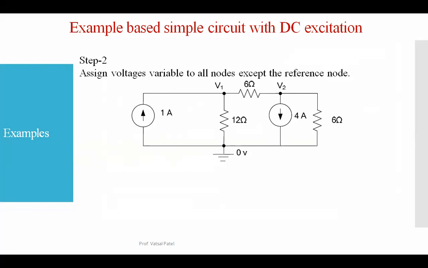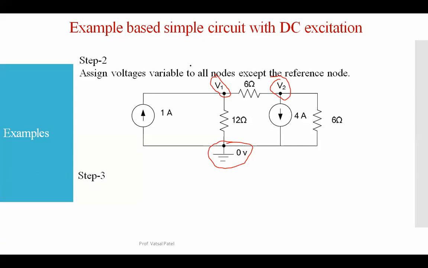So you can see here, one node that we selected as a reference node, we consider as 0 volt. The reference node is always considered as 0 volt. Then V1 is the first node, and V2 is the second node. So we assign the voltage variable to all the nodes, and the reference node is also considered as 0 volt.